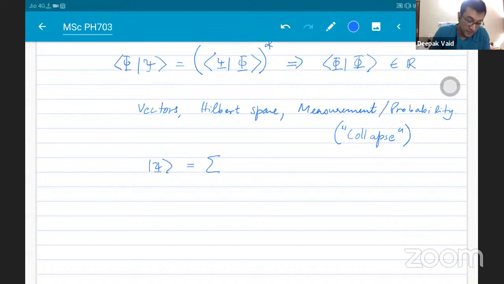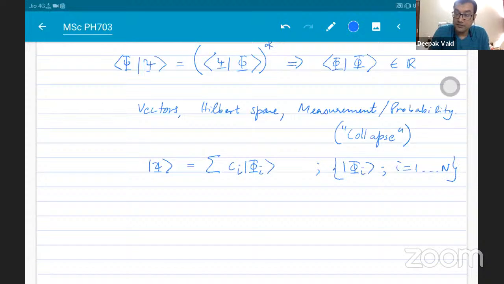Let's say your Hilbert space has some basis states phi i, with i going from 1 to n, where n is the dimensionality of your Hilbert space.